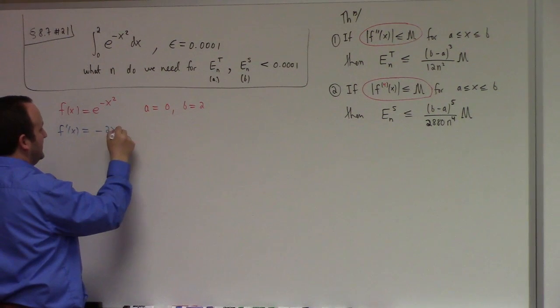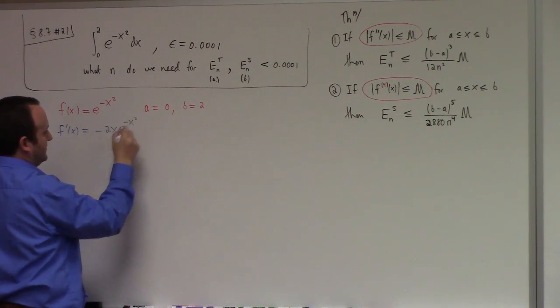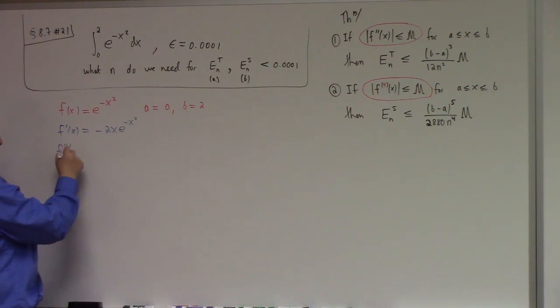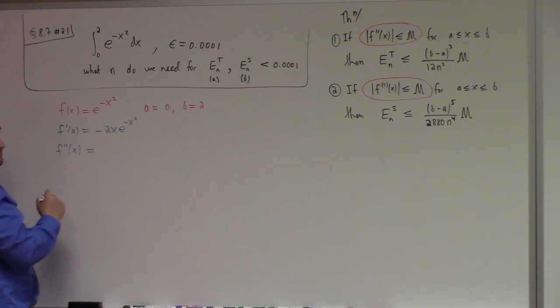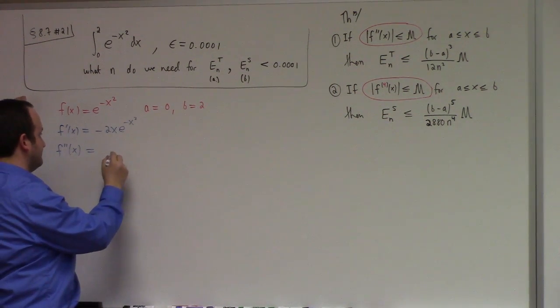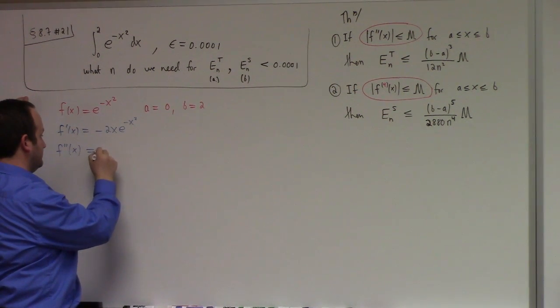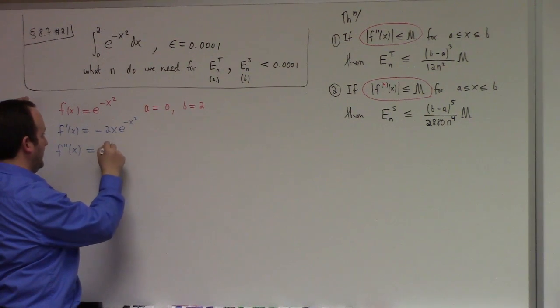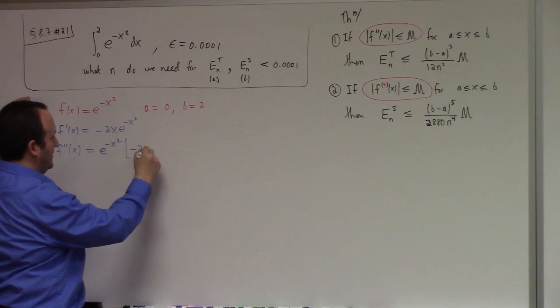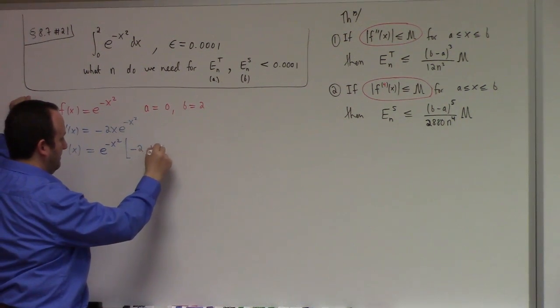Yeah, minus 2x e to the minus x squared, right? What's the second derivative? e to the minus x squared times what? Times minus 2 plus 4x squared, right?